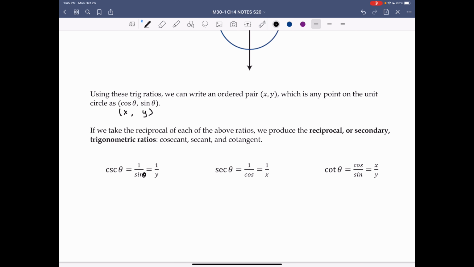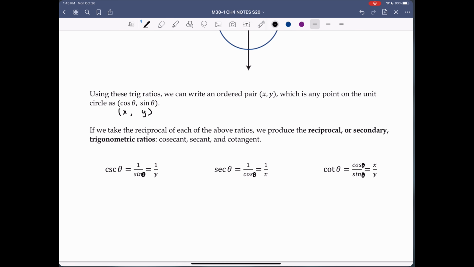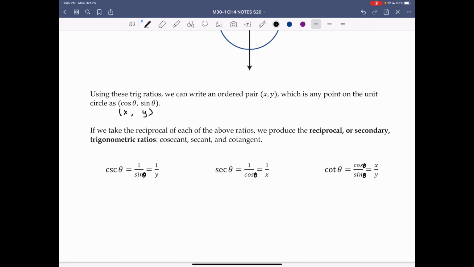Secant theta equals 1 over cos theta, equal to x, so secant theta is 1 over x, and then cotangent theta equals cos theta over sine theta, which equals x over y.